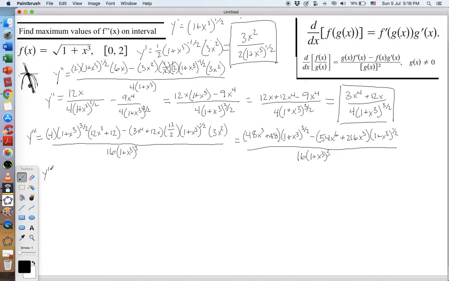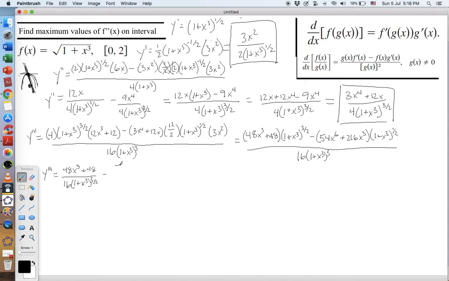Continuing to simplify, we're going to split up this fraction into 2 parts again. And so we've got 1 plus x cubed to the 3 halves over here. We're just going to move this to the bottom, and we're going to get rid of some of these. 48 and 16 have a common factor of 16, and so we can go through an intermediary step here. 48x cubed plus 48 divided by 16 times 1 plus x cubed raised to the power of 3 halves.